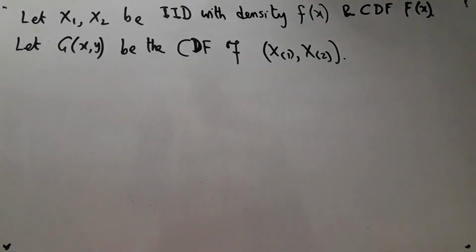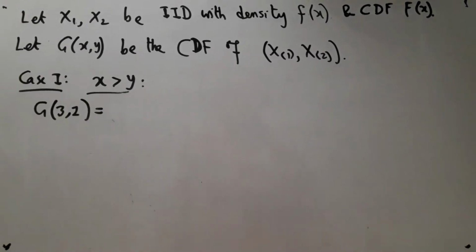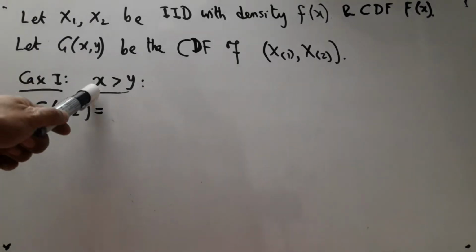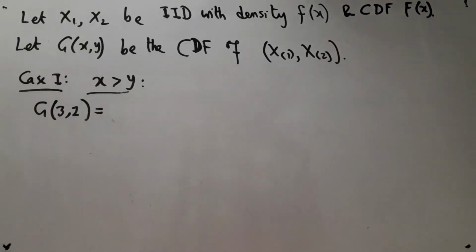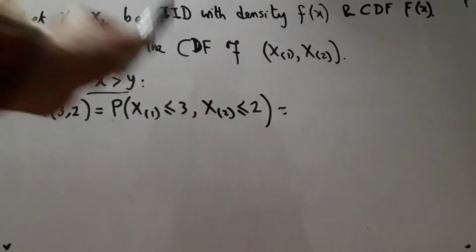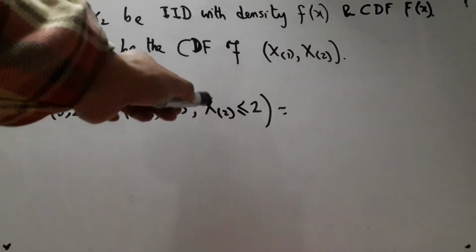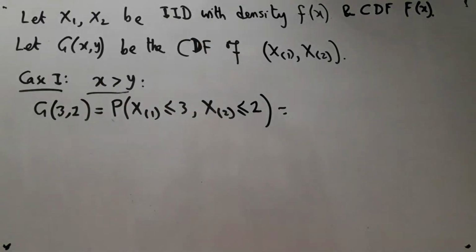First let us see what happens to this G when x is greater than y. To keep things concrete, I will work out the case when x is 3 and y is 2. By definition of distribution function, this is what I get. Now observe that the smallest is less than or equal to 3, and X(2), which is larger, is less than or equal to 2.